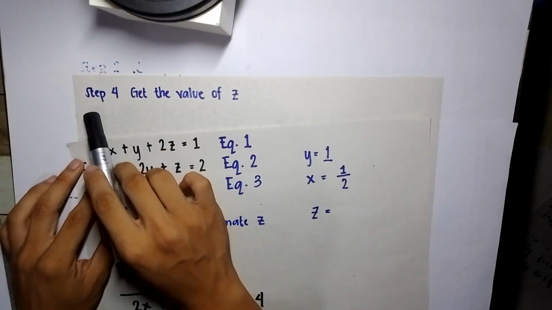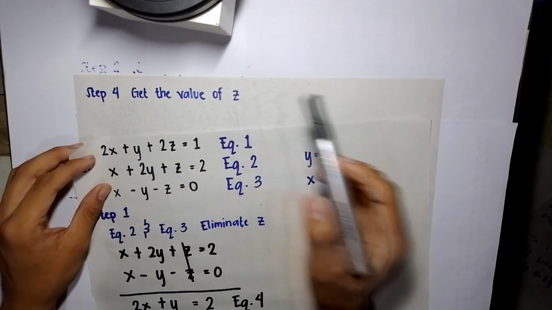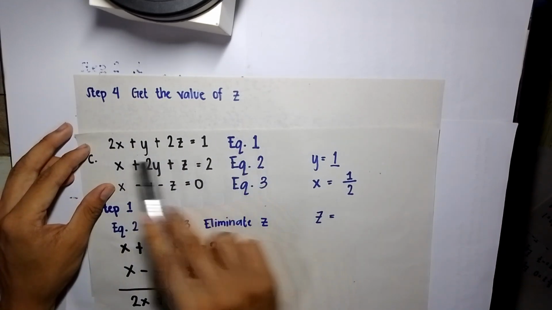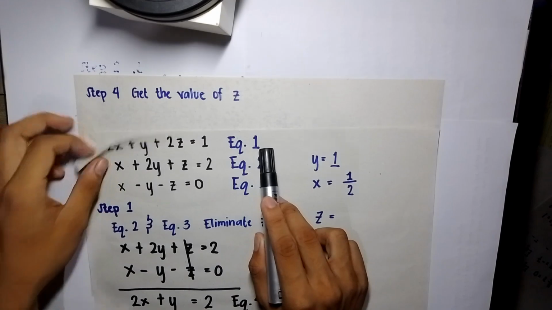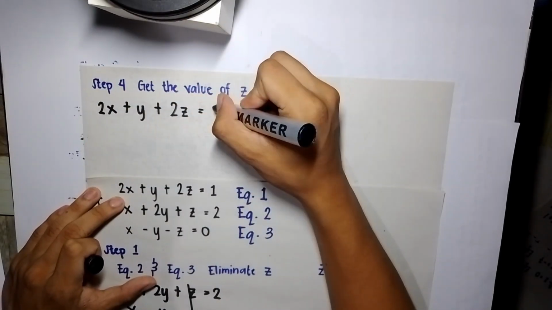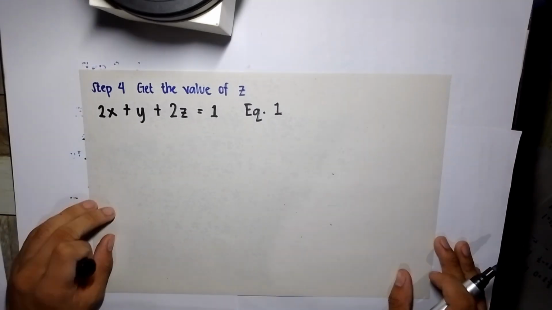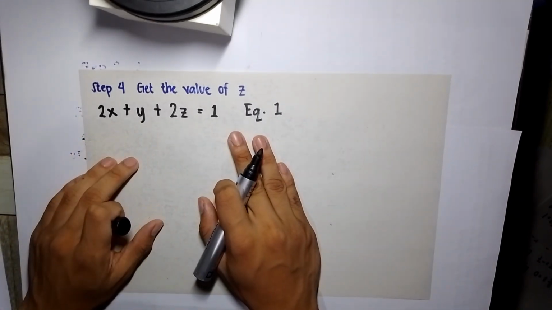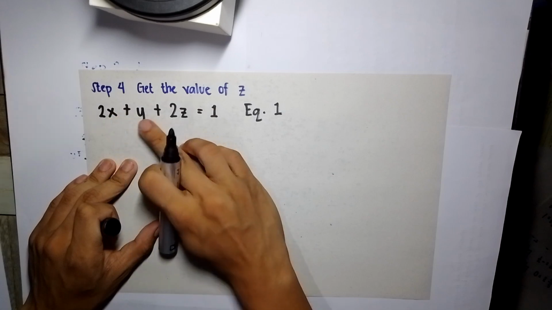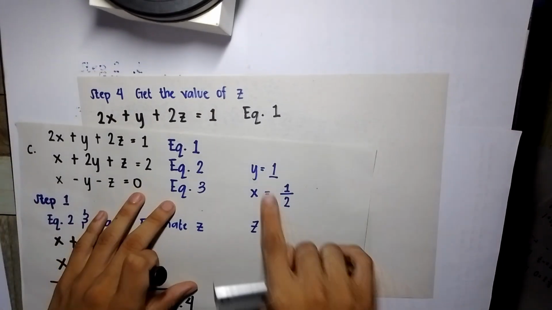Now the last step is we need to get the value of our variable z. To get the value of z, we are going to use equation 1. Since we already have a value of x and a value of y, we are going to substitute that value to the equation 1.